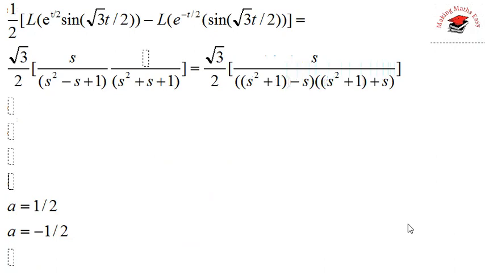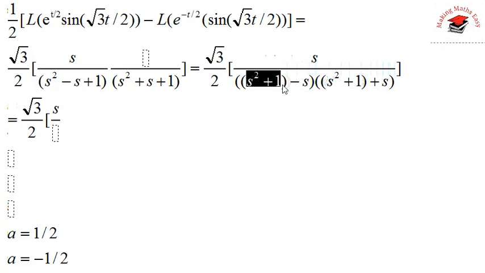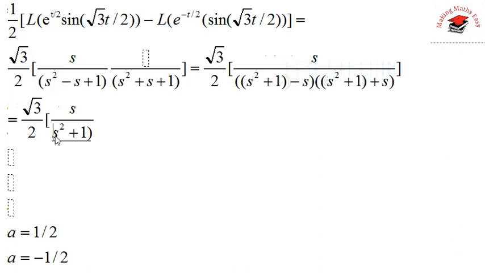So this will be equal to square root of 3 divided by 2, it's a constant we have taken outside, multiplied by s divided by s square plus 1 the whole square minus s square.